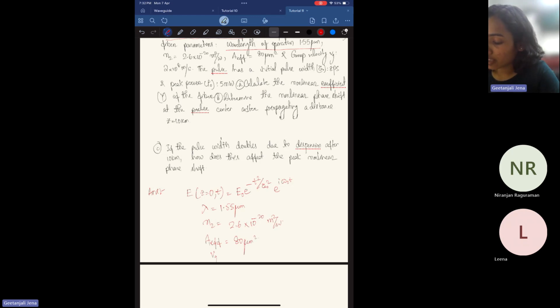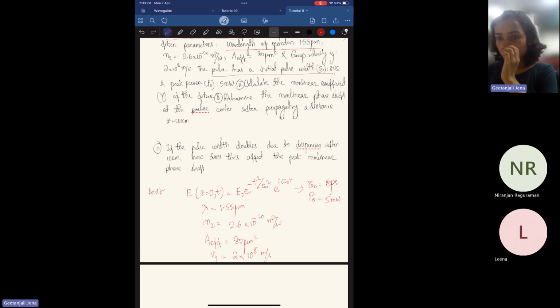And the group velocity is also given, 2 into 10 to the 8 meter per second. And the Gaussian pulse has a pulse width tau 0 of 8 picosecond, and the peak power corresponding to this pulse is P0, which is 5 milliwatt.